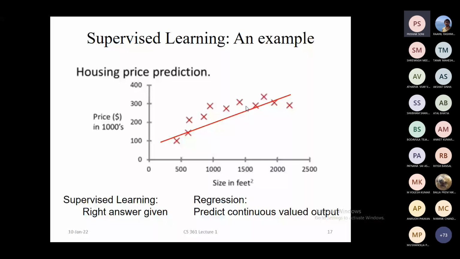Now before that, we have a question. That may be a straight line, but if we draw a curvature or curve, that curve may be more accurate than a straight line.